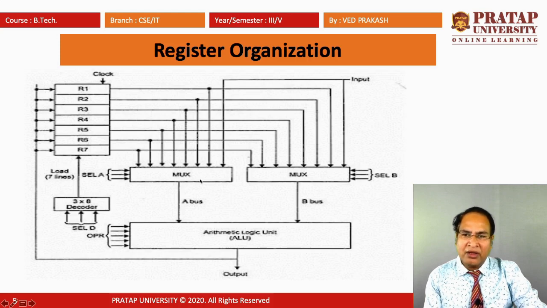According to the required register data, we provide the control selection bits of the multiplexer and get the required data from it. Then we pass this data into the corresponding ALU unit, and this ALU unit performs the required arithmetic and logical operations. After performing these operations, the result is sent again to the destination registers. So that is basically the block diagram of register organization.